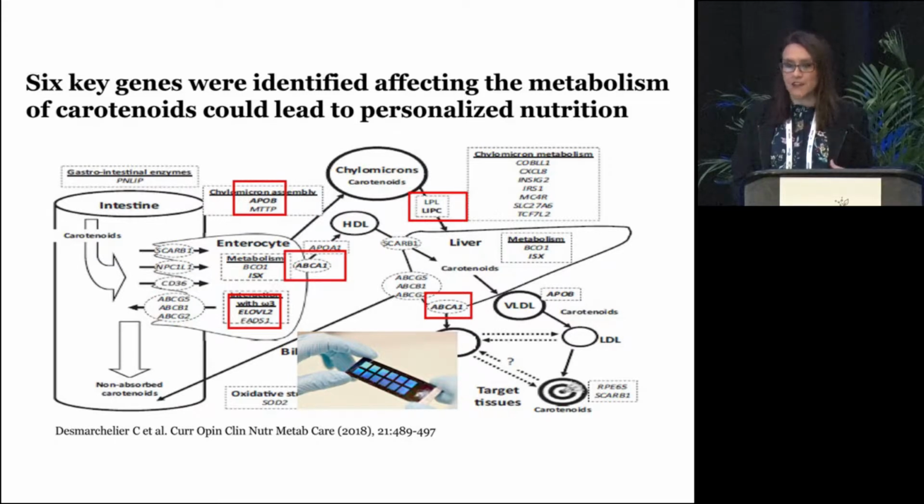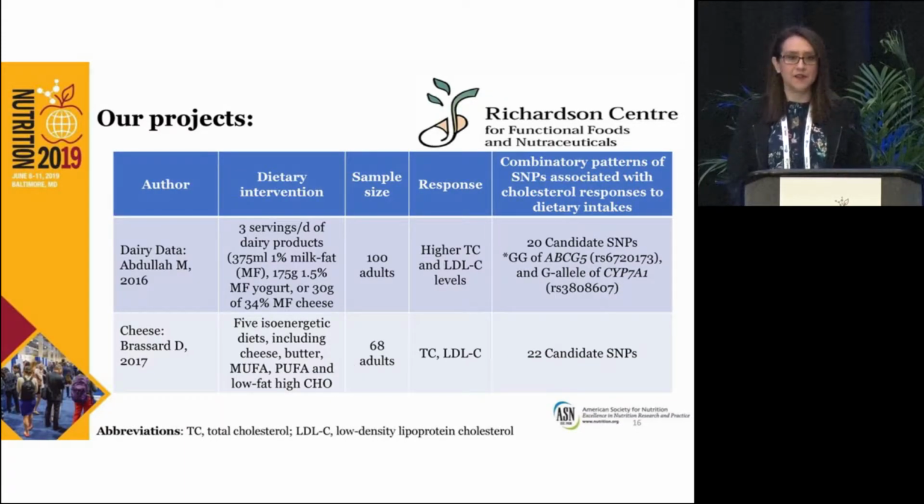So instead of analyzing millions of SNPs, we're going to be able to identify only 6 or 7, or have a small panel of SNPs that can definitely transfer to clinical practice to identify whether this participant or patient requires more carotenoids in their diet, or whether their diet is correct. I think using these methods, eventually you're going to have another clinical tool that can analyze the quality of the diet. Based on this, we apply the same tools in our studies at the Richardson Center.